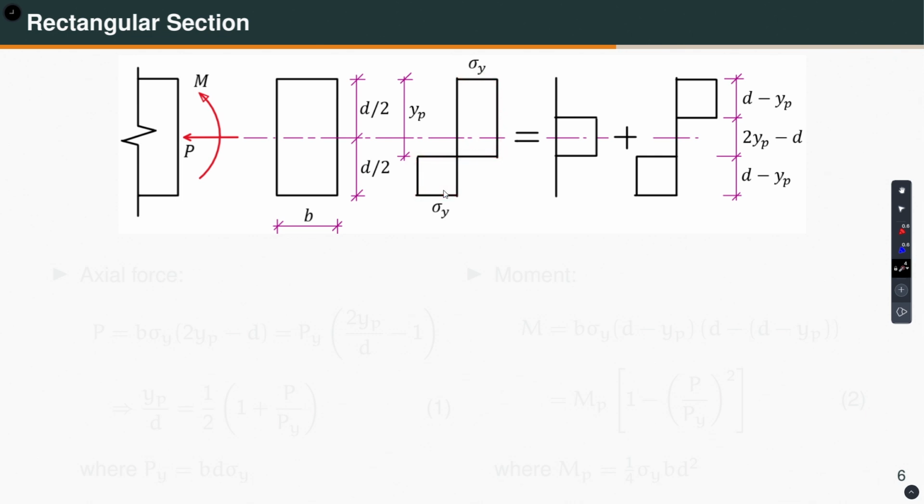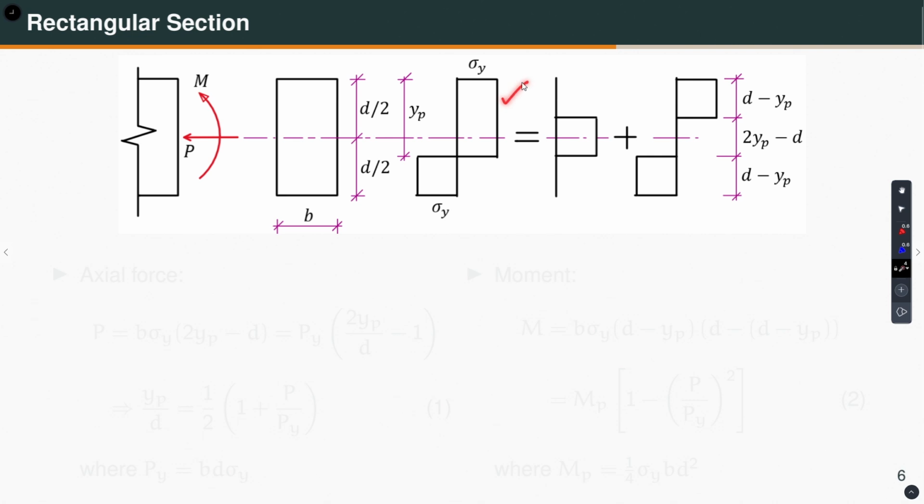It can be done the other way also: you apply some bending moment and then keep increasing the axial force, and eventually the entire section will yield and you get a stress distribution like this. This is my plastic neutral axis under moment and axial force. What I want to do now is develop a relationship between this applied moment and this P, which is called the PM interaction. So how do I do that?